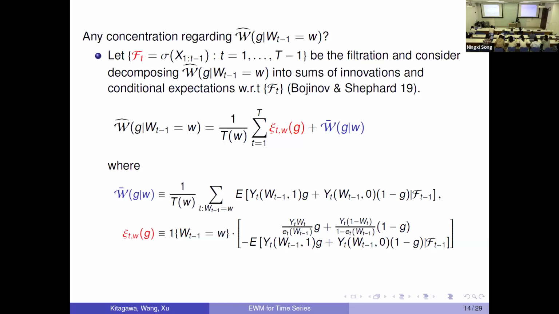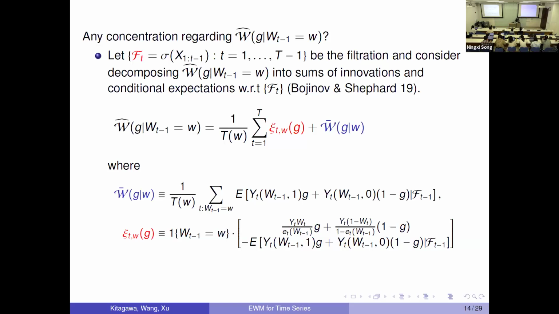We decompose the empirical welfare into the sum of psi plus this intermediate welfare. Psi takes the form of a feasible single-period welfare minus its conditional expectation. This is not exactly a conditional expectation, but if you take the conditional expectation of the first term, it will equal this one. This is something we want to construct.